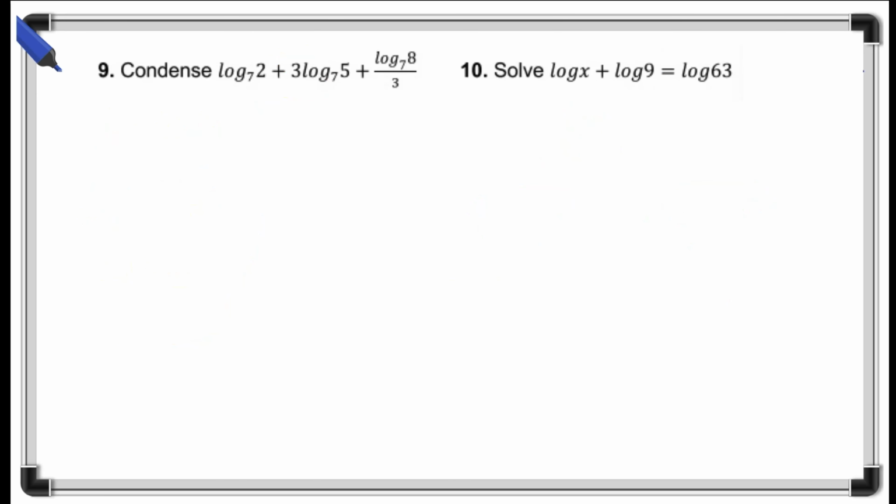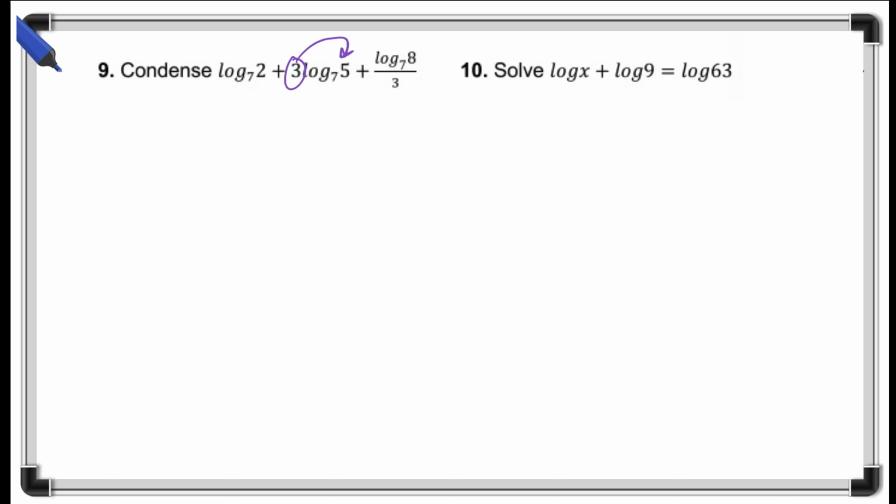Okay, so here let's condense. The 3 will become the exponent of the 5. We'll also see that we're dividing a log by 3. Remember, dividing by something is the same thing as multiplying by its fraction, so this actually is a fraction.